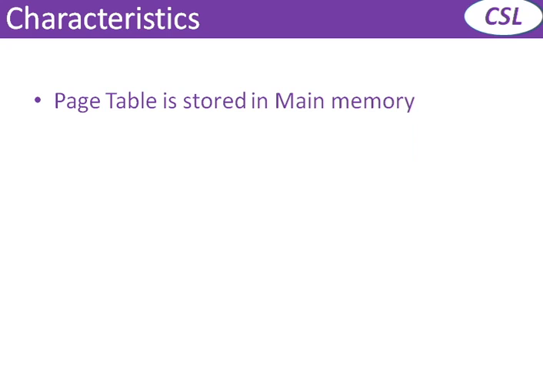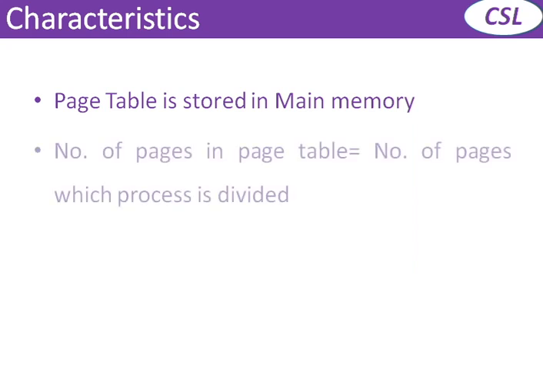That table has to be stored in the main memory. It consists of the page number and the corresponding frame number, and the number of entries in the page table equals the number of pages into which the process is divided. Suppose one process is divided into 5 parts, that means the number of entries in the page table equals 5. It depends on the process.